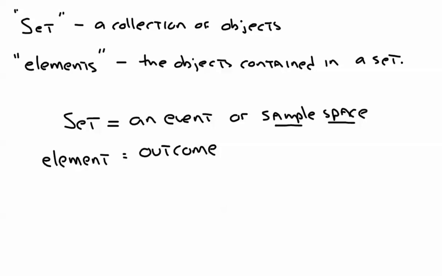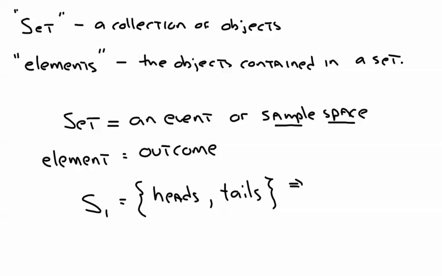All right. So for example, just a real simple one. Here's a set. S1 might be, here's some curly brackets, heads and tails. This is a set of possible outcomes for flipping a single coin, and it happens to be the sample space for all possible outcomes for flipping a single coin.